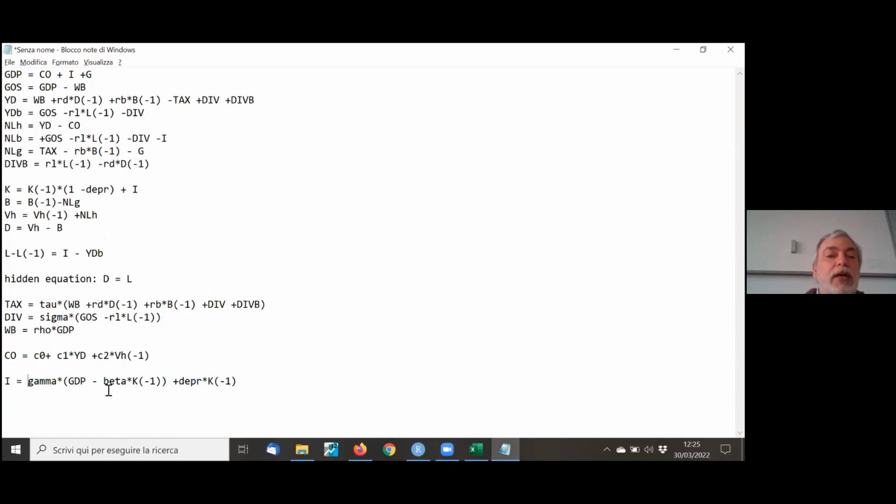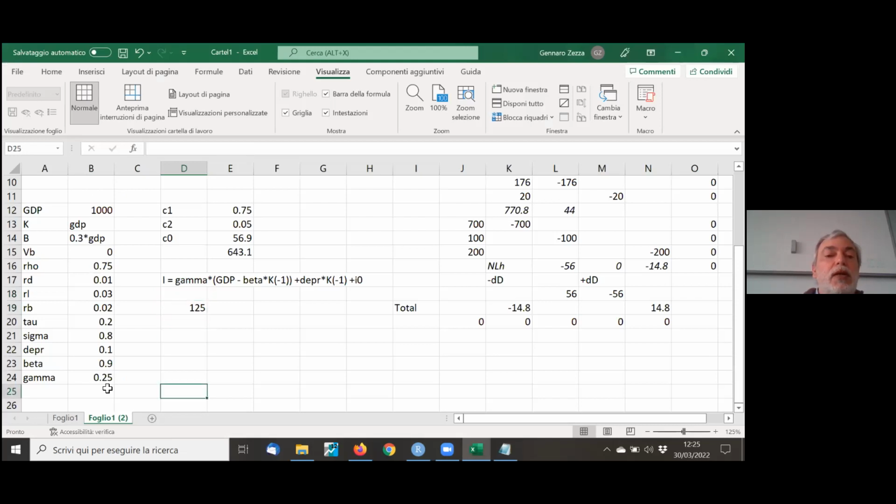So here I add my constant, and the constant I0 has to be minus 25. And now we should have everything, but we should check whether the numbers add up.